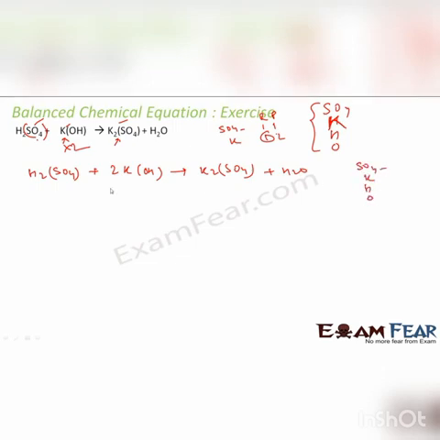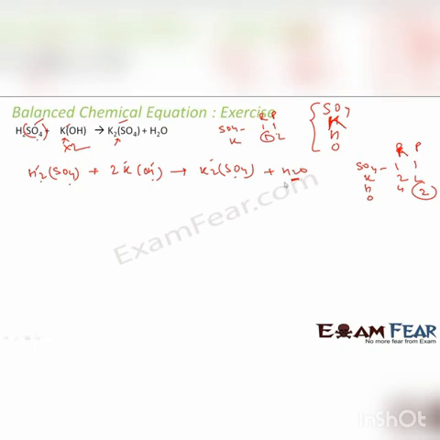Then we have SO4, K and H2O. The sulfate part is one here, reactant and product. Next, the potassium part is 2 here and 2 here, all balanced. Hydrogen part: we'll take hydrogen from here because OH was a compound, so we are not considering that. So 2 hydrogen from here, 2 from here, 4 hydrogen, and here we have only 2 hydrogen.